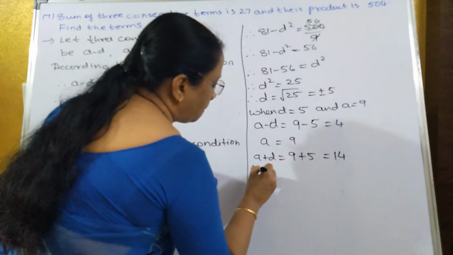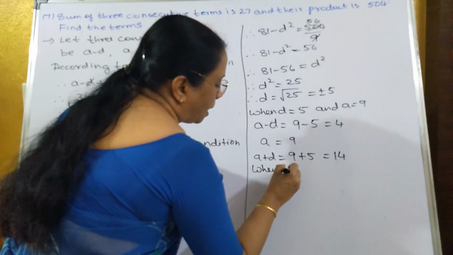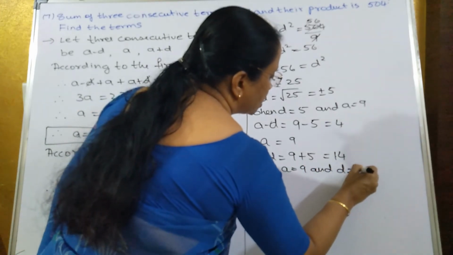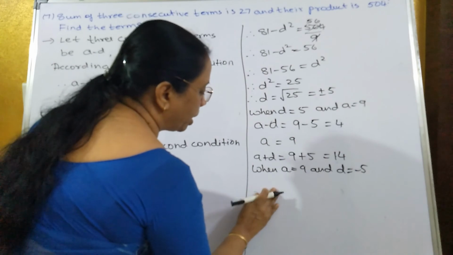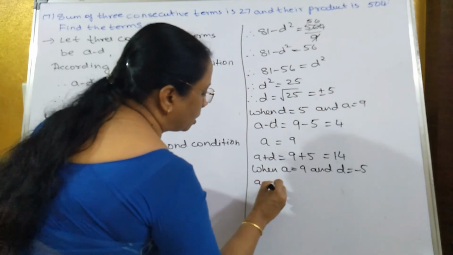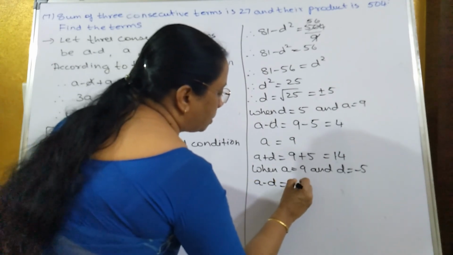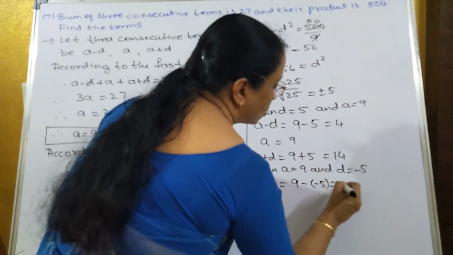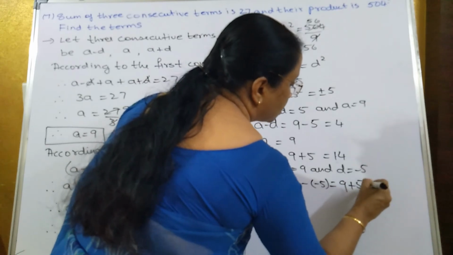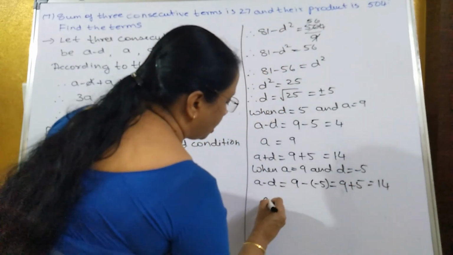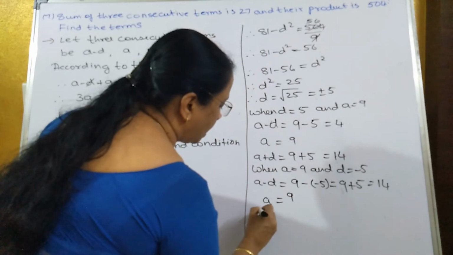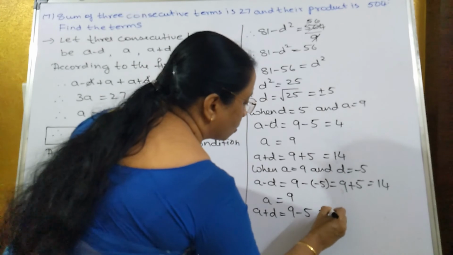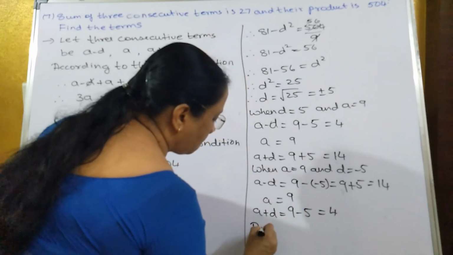And when A is equal to 9 and D is equal to, instead of plus 5, now take minus 5. So when you take minus 5, what you get? A minus D, or what you get? The three terms. A minus D will be 9 minus of minus 5, that's equal to 9 plus 5, that's equal to 14. Similarly, A is equal to what? 9, and A plus D is equal to what? 9 minus 5, that's equal to 4. So what's the answer?